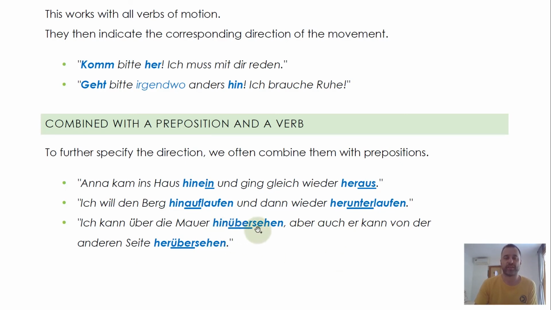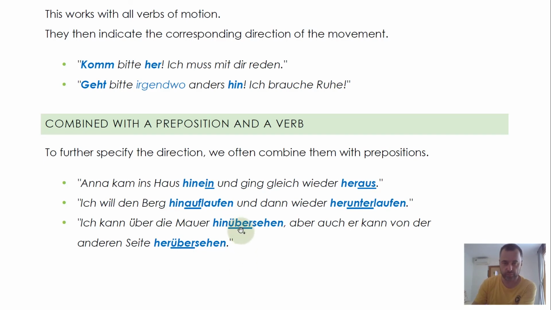In German, it's just again highlighting the focus of the sentence. So I am the subject again, and I can look from here to the other side, over the wall to the other side. So I can see from here over the wall to the other side of the wall.